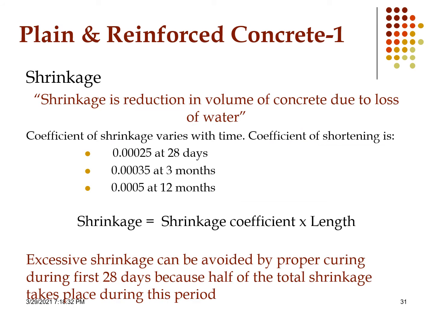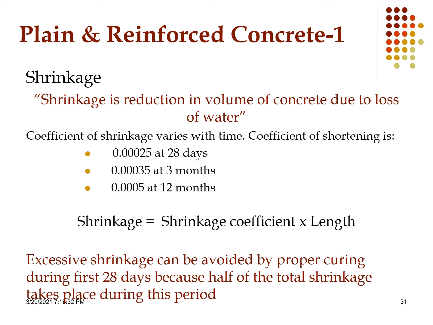Shrinkage is a reduction in volume of concrete due to loss of water. Loss of water may be due to evaporation, or due to consumption during the hydration process. Coefficient of shrinkage varies with time.